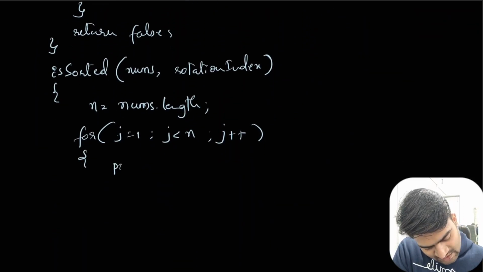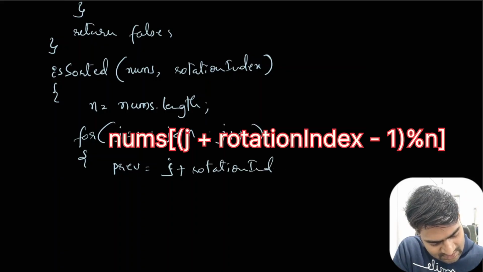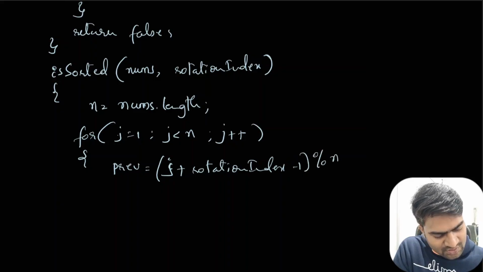So I will say previous equal to j plus rotation index. Since it is the previous value, I will subtract 1, then do a modulo n. This will give us the previous element.